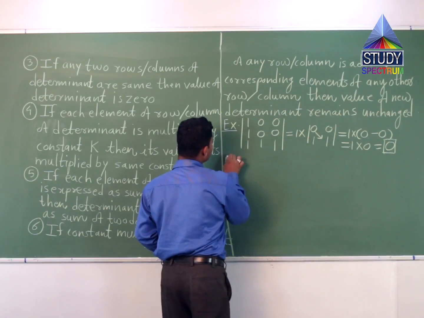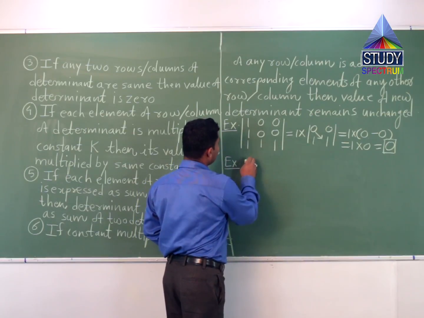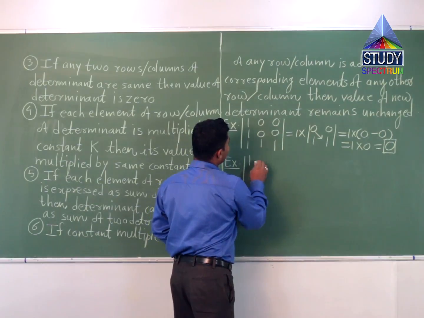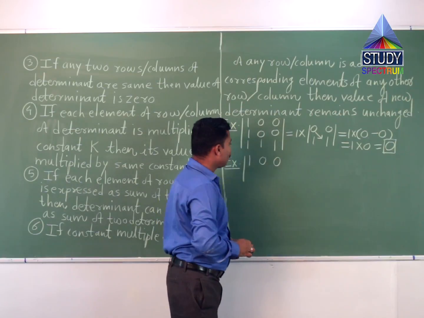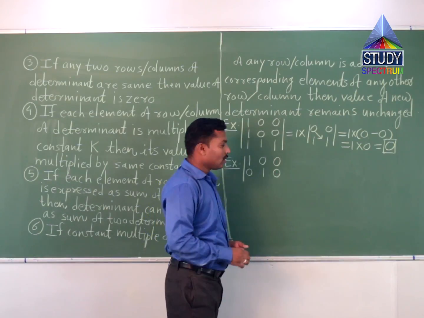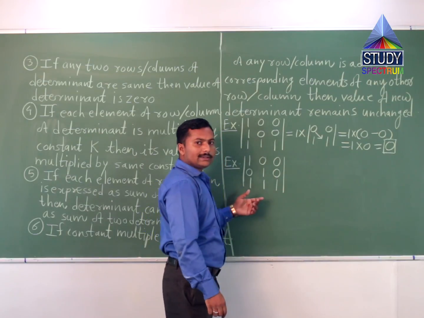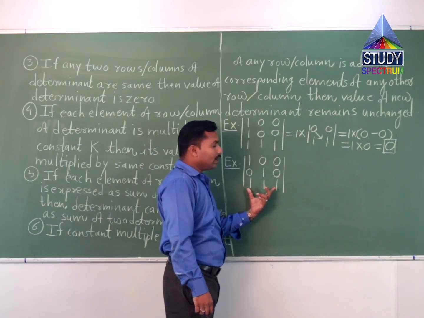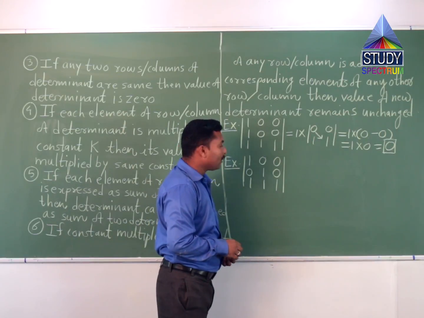For example, suppose a determinant 1 0 0, 0 1 0, and the last row is 1 1 1. Suppose in this determinant the third row is multiplied by 3, the third row multiplied by 3.